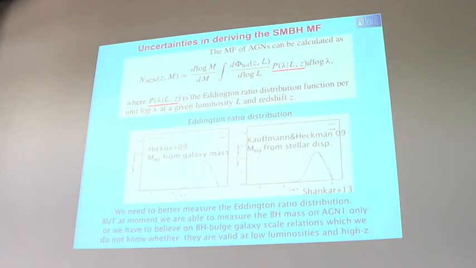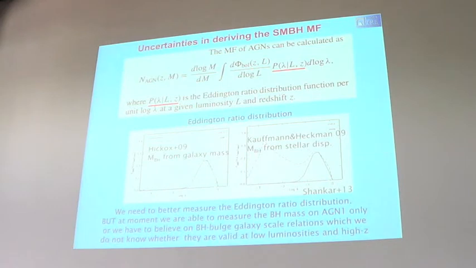The problem is that when you do this kind of job, you need to know the distribution of the Eddington ratio, and it's very difficult to measure. Many measures are not based on the measure of the black hole mass itself, because it's quite difficult to do. You need at least to see the broad line regions. You don't see that, for example, in type 2 AGNs.